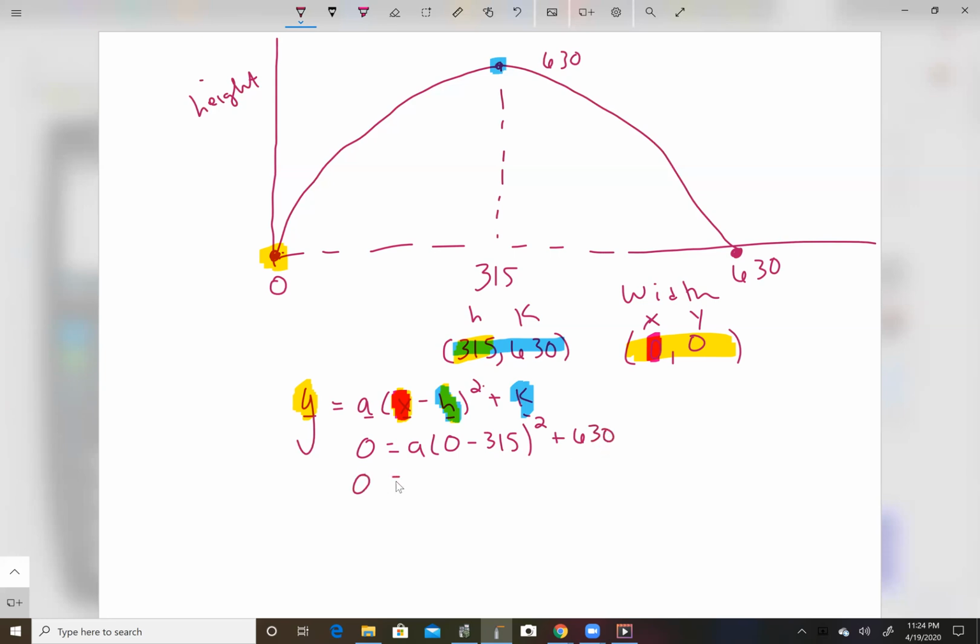So let's simplify this. 0 is equal to a times 0 minus 315, which is negative 315, squared, plus 630. So subtract 630 from both sides.